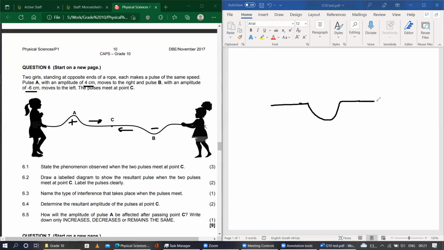But would it be wrong if I drew the full diagram? I don't think it would be wrong. I think they would recommend it, to be honest, because they say label the pulses clearly. So if you can, you probably should.